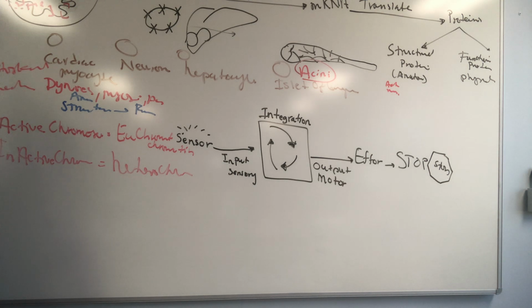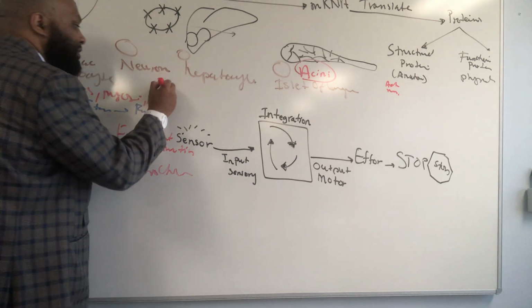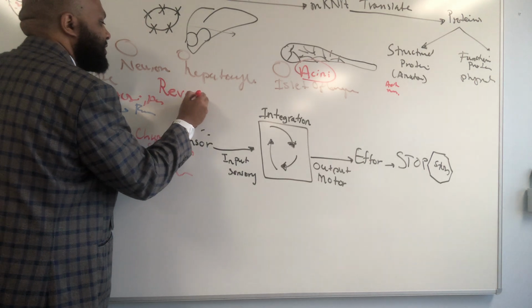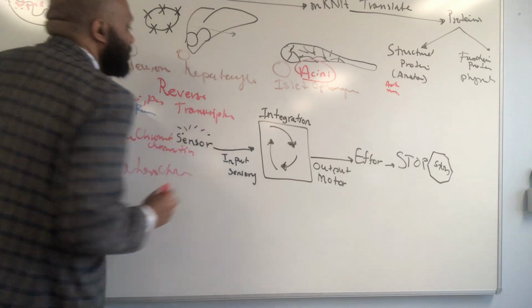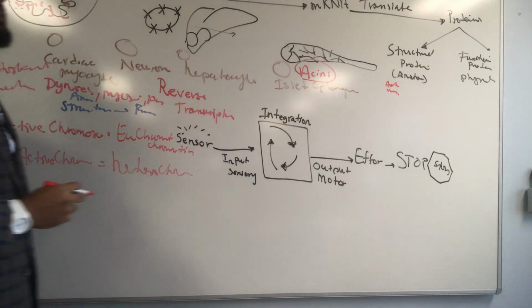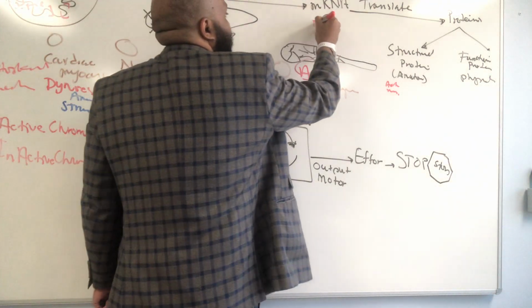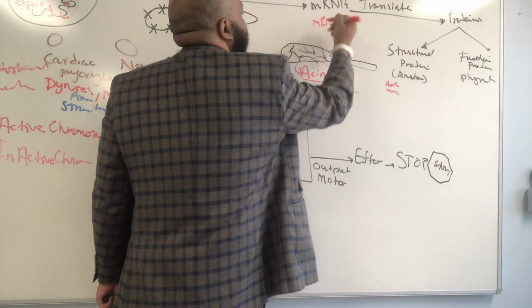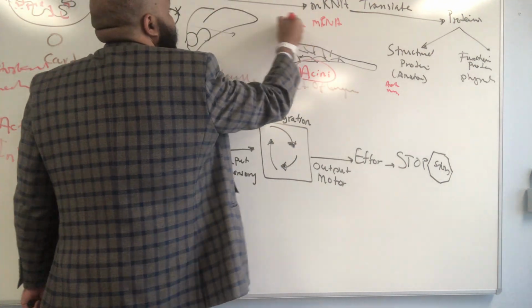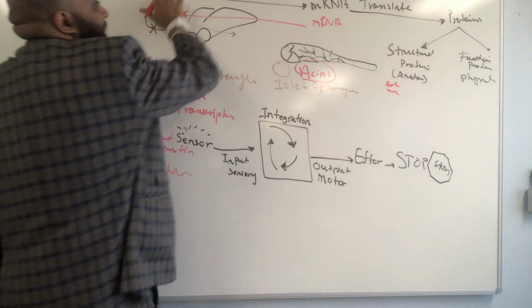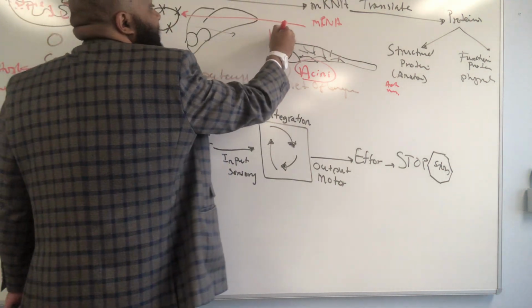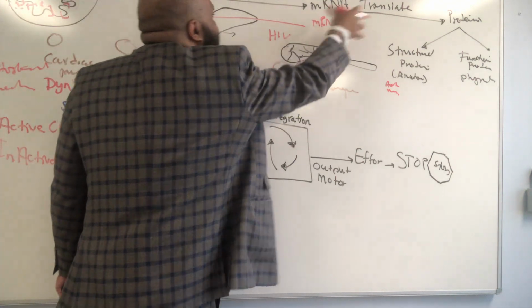HIV has a malignant, very dangerous enzyme known as reverse transcriptase. So reverse transcriptase, what it does is it takes the mRNA and goes the other way around. It reverses the transcription. So we're supposed to get transcription from DNA to mRNA, but HIV goes from mRNA back into DNA.